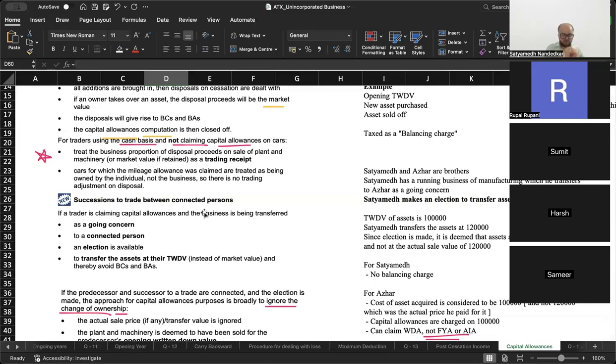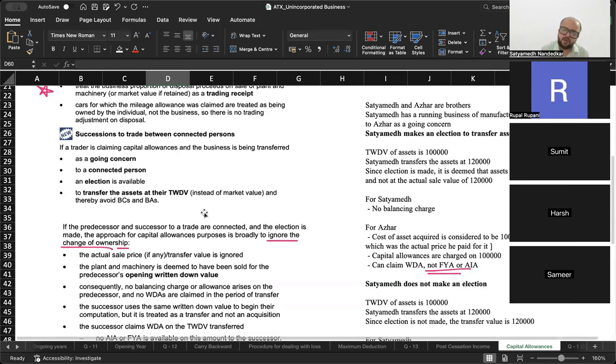In that case, I have a choice that I can transfer the assets to him at their TWDV. So for me, there is no balancing allowance, balancing charge. When he acquires these assets, the TWDV for me becomes the opening TWDV for him, and on that he can continue to claim WDA in later years.